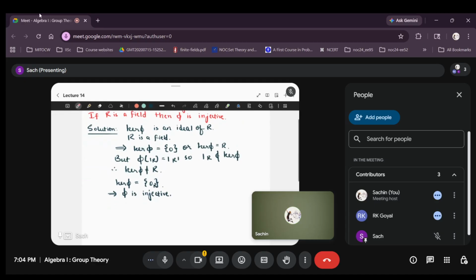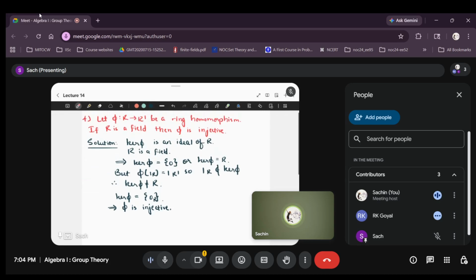A ring homomorphism is also a group homomorphism of the additive group, right? Because phi of a plus b is equal to phi of a plus phi of b, which is one of the conditions for a ring homomorphism, and it is a necessary and sufficient condition for a group homomorphism.